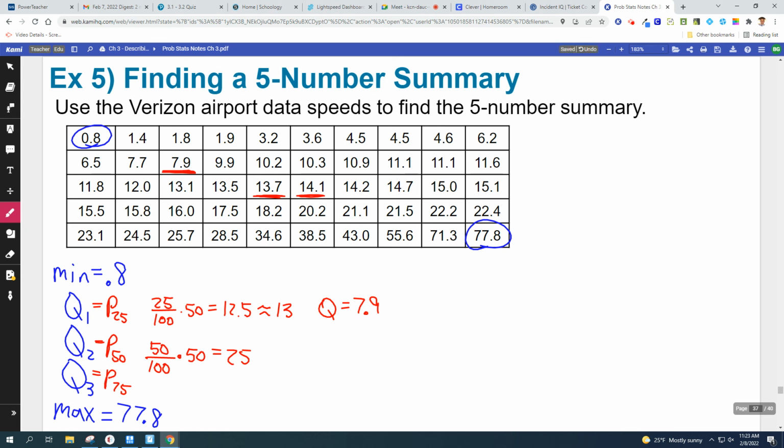That's the same way as what we would do with the median. If there's an even number of numbers, you find the middle two and find the middle of the middle. So that's what this is about when we go 13.7 plus 14.1 over 2. You can probably do that in your head without a calculator. Just find the middle. That's going to be 13.9. So Q2, whoops, that was supposed to be Q1 up there. Q1 was 7.9. Q2 is 13.9.